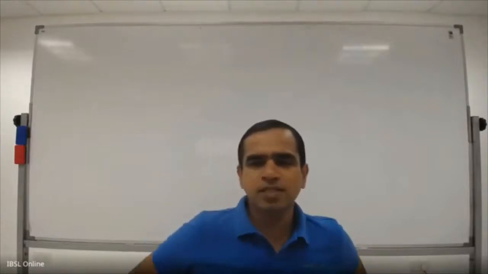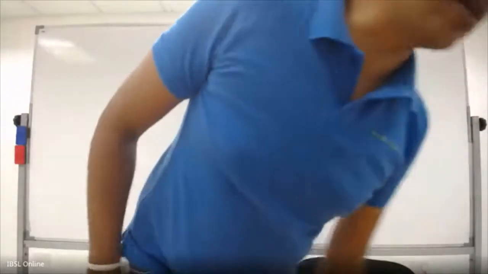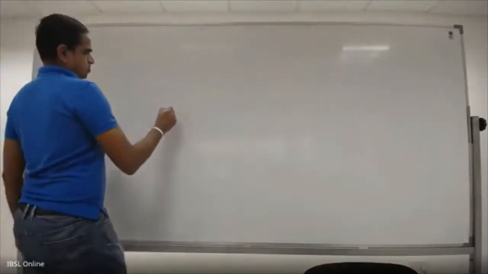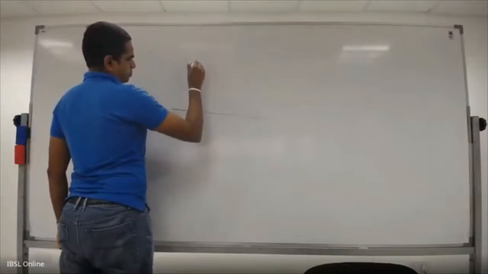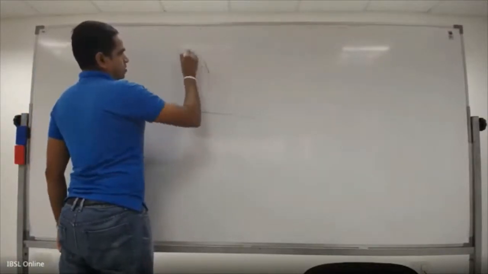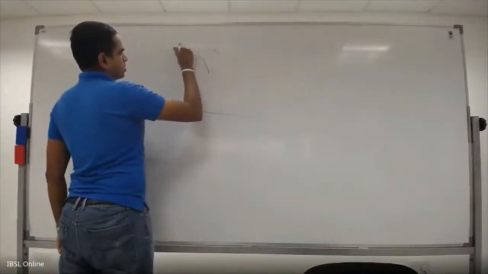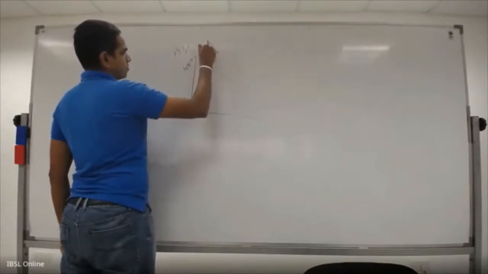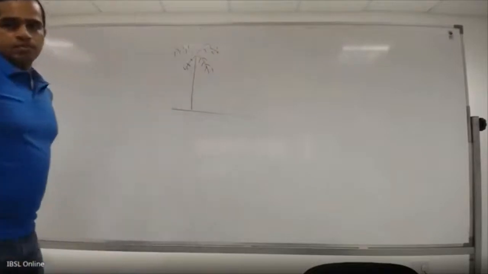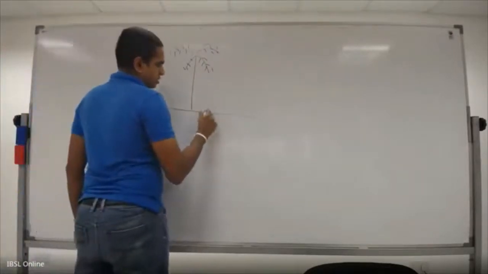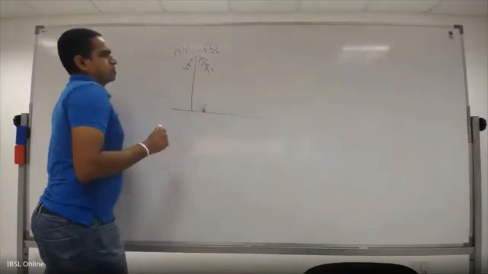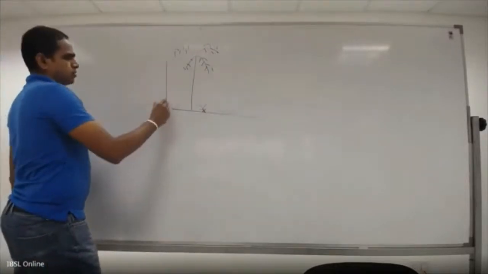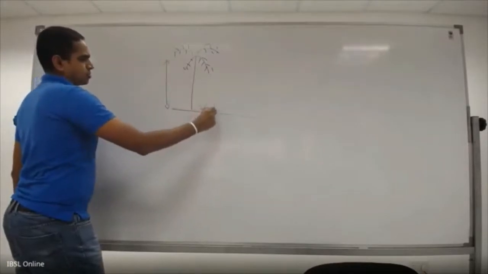Okay, to explain this point further, I will use an analogy. This is supposed to mean a coconut tree. And next to the coconut tree, let's assume there is grass. Out of these two, obviously the coconut tree is taller, and the grass is short.